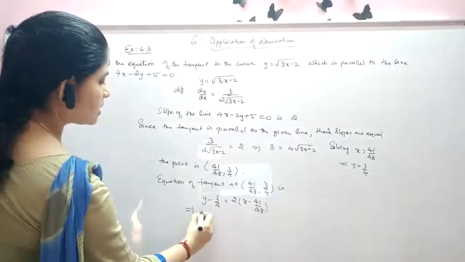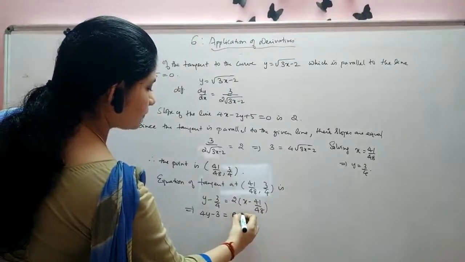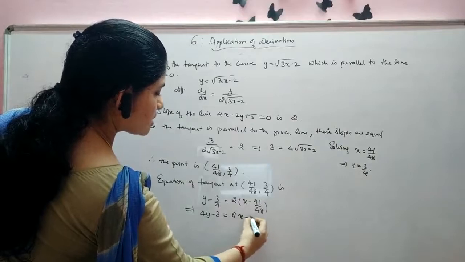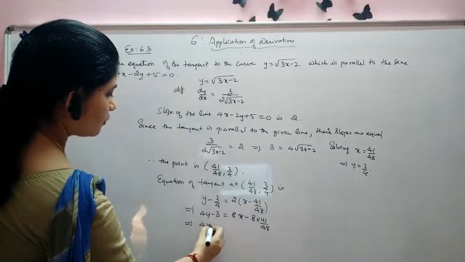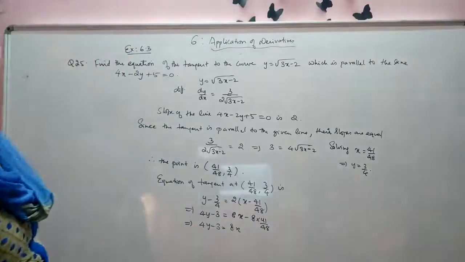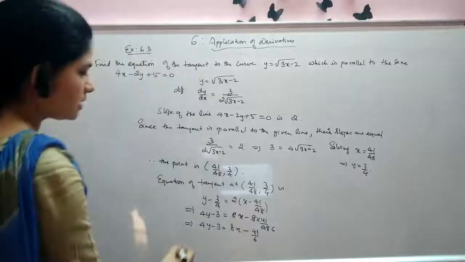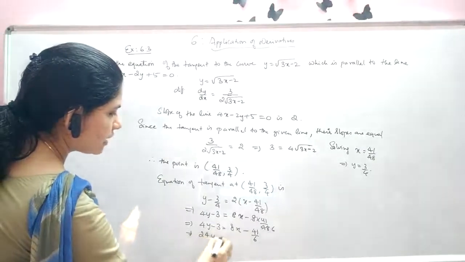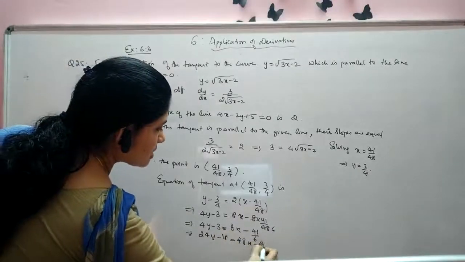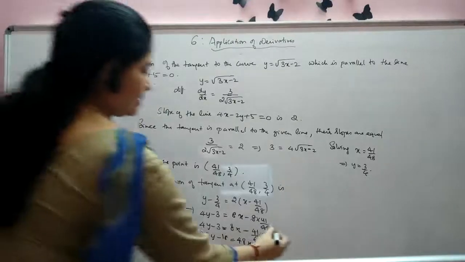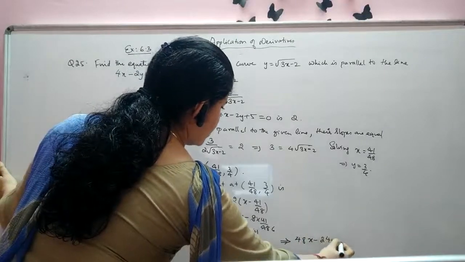Okay, simplifying, what you will get, 4y minus 3 is equal to, 4 will go there, it will become 8 into x minus 8 into 41 by 48. 4y minus 3 is equal to 8x minus 41 by 6, again taking the LCM, will get 24y minus 18 is equal to 48x minus 41, right, which gives you 48x minus 24y.